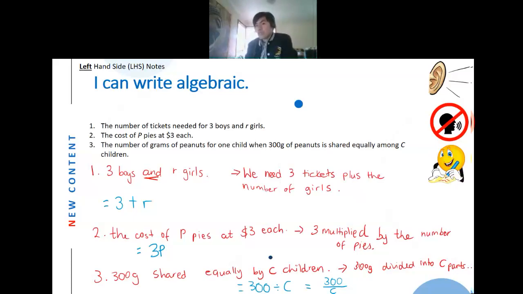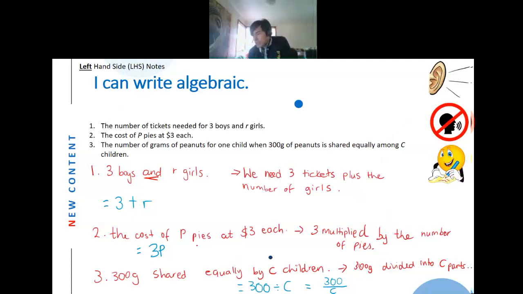Okay, so that's going to be 6. If I buy 3 pies, that's going to be 3 lots of 3. That's 9. 4 pies would be 4 lots of 3. That's 12. Okay, and so what you're doing there is you are doing multiplication. So it's 3 multiplied by the number of pies.